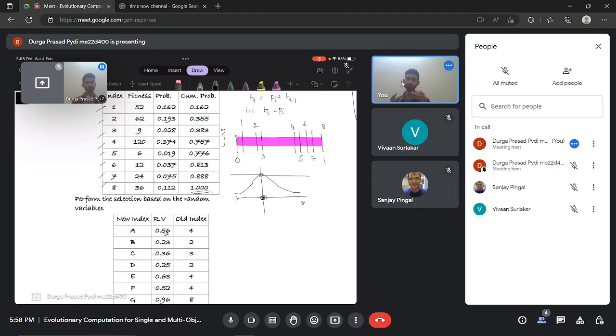If you generate more samples, between 3 and 4 it is more likely to occur. More samples will be between 3 and 4.